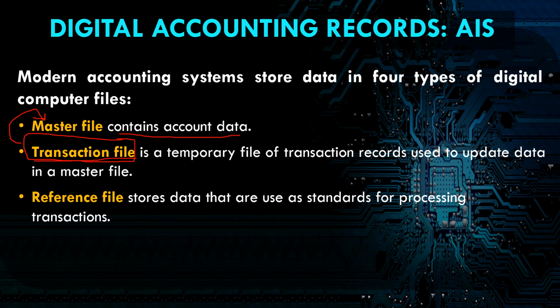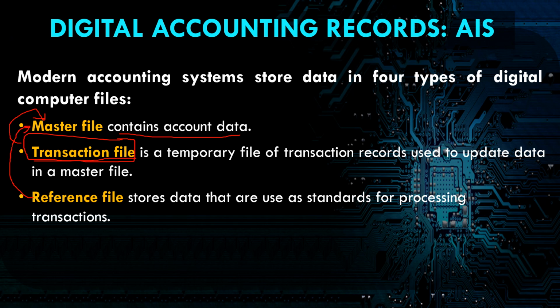And then we have the reference file. Reference file stores data that are used as a standard for processing the transaction. The reference file is considered a permanent file for some details that are also used in the transaction, but are not just related to that transaction. For example, customer name, address, details, phone number, all of this information is in the reference file.